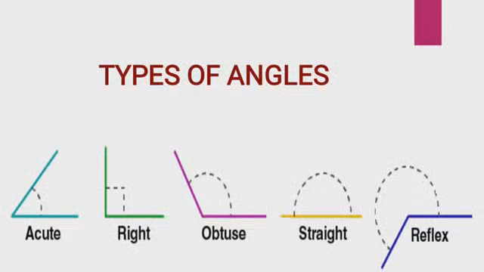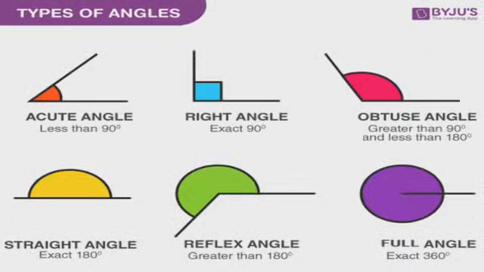Now, let's look at types of angle. We have acute angle, right angle, obtuse angle, straight angle, and reflex angle. We also have these in this form: acute angle, which has what?